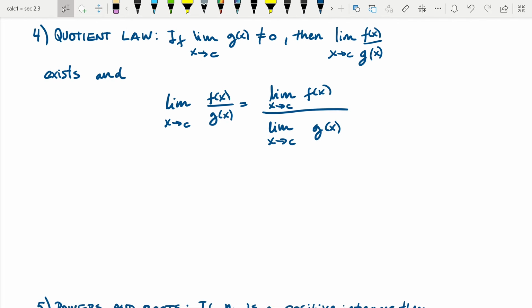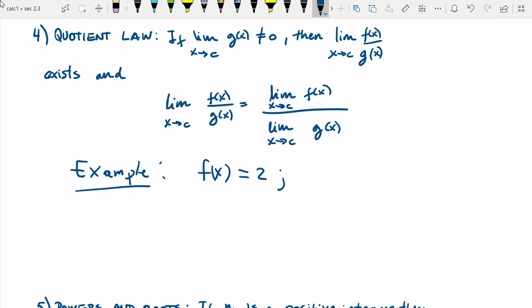So take a look at one small example. Suppose here f of x is just a constant 2, and g of x is x cubed, and c is 1.